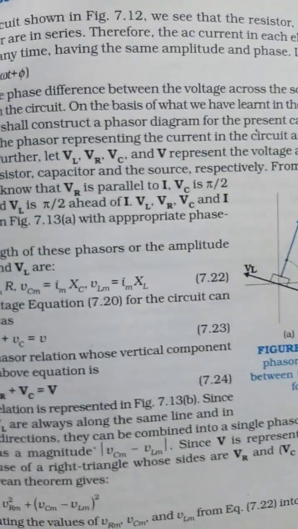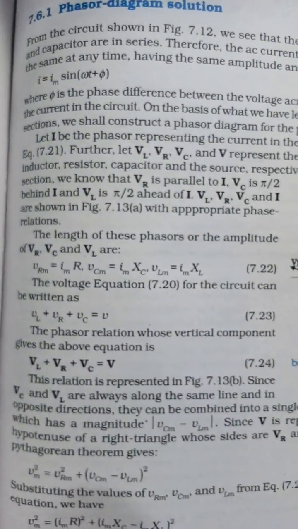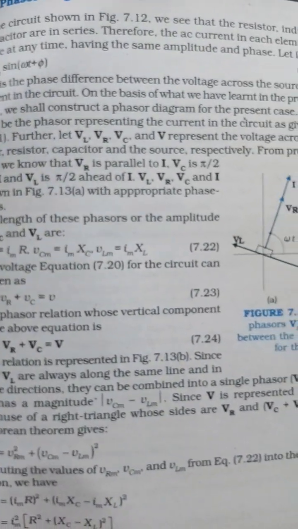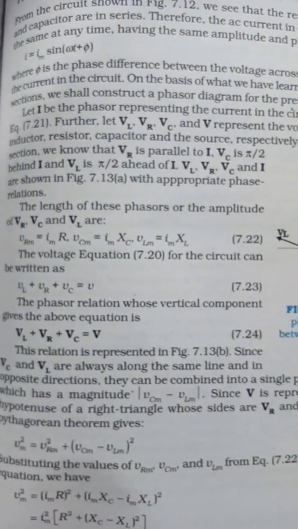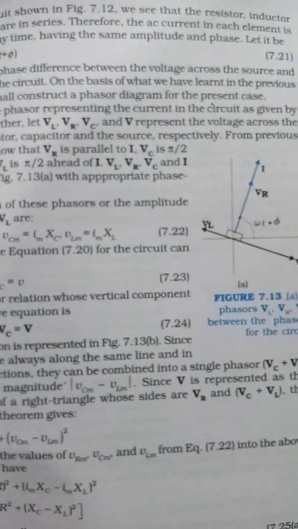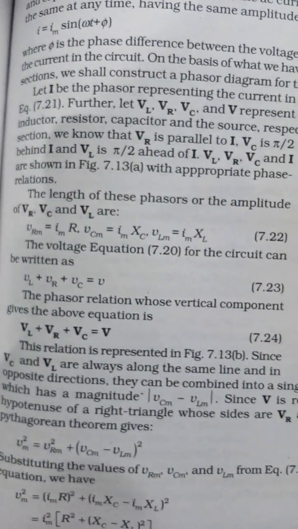On the basis of what we have learned in the previous sections, we shall construct a phasor diagram for the present case. Let I be the phasor representing the current in the circuit as given by equation 7.21.